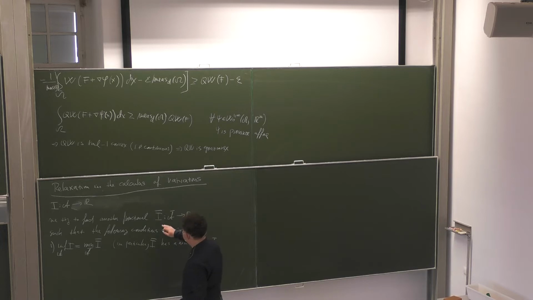The focus of our search is the functional and also the set. The set A bar maybe looks like a closure, but it's not the closure of I. Then you can find plenty of functionals that satisfy this, so it wouldn't be too difficult.